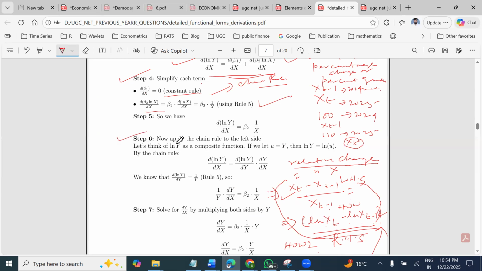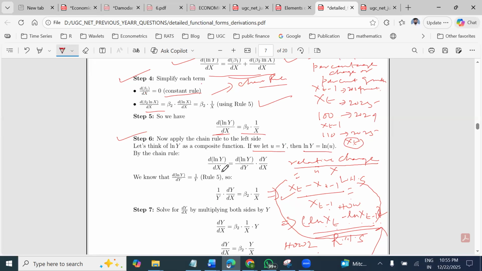Now you have to apply the chain rule to the left side. Okay? How will it be? Because it is ln y. I think yesterday we were having a problem here, isn't it, Madhusmita? Yes, sir. So by chain rule, it will be d ln y.